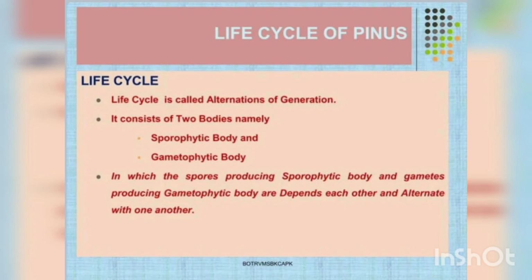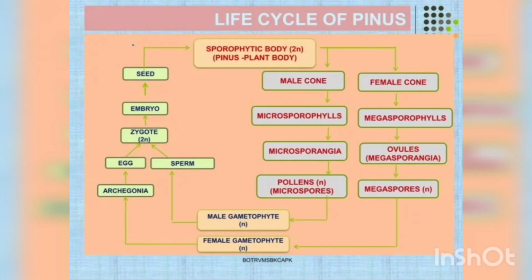Okay, now let's see the overall life cycle. We have already seen that the plant body is sporophytic. From the plant body, the male cone and the female cone are born, and the male cone produces microsporophyll, the female cone produces megasporophyll. Microsporangia are found in the male cone, megasporangia or ovules are found in the female cone. They produce the pollen and the megaspores.